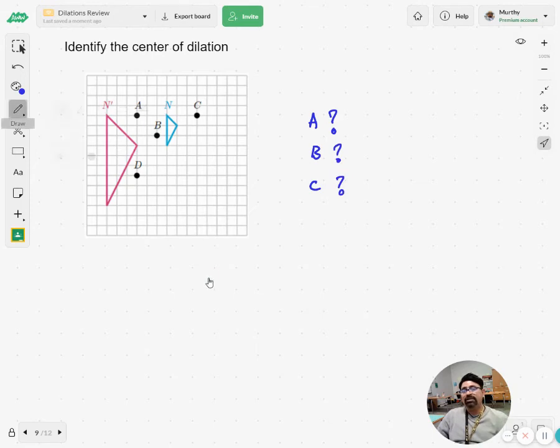Take a straight edge, join N prime and N. So you have to join the corresponding points and further extend them.